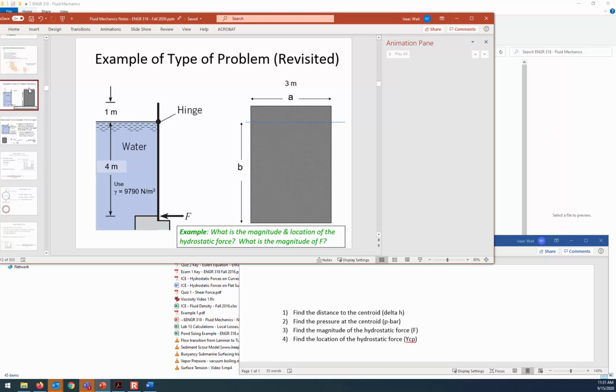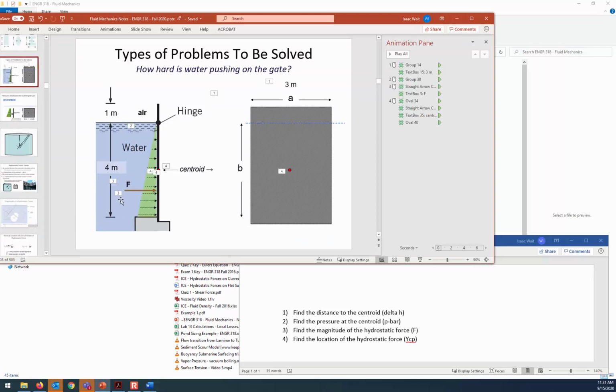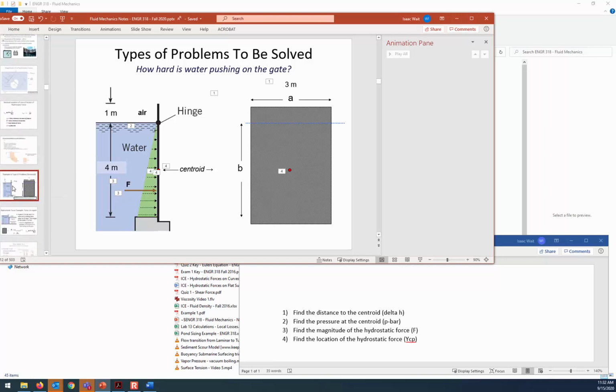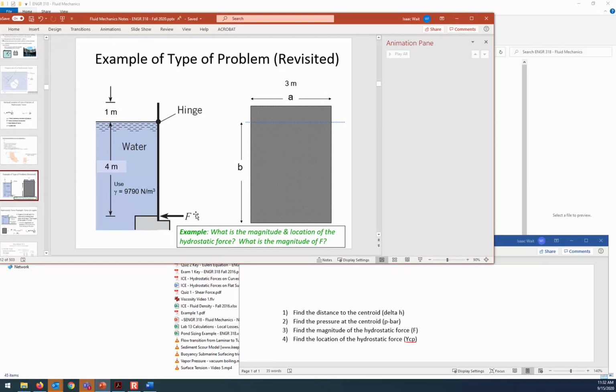Remember, when we looked at this before, we were discussing in terms of here's the hydrostatic force pushing from the left to the right on the gate. Well, the gate's going to open unless we apply an external force to keep it closed. So the hydrostatic force is trying to open the gate. In this example, it's asking, if we want to keep the gate closed, how big does this force need to be?